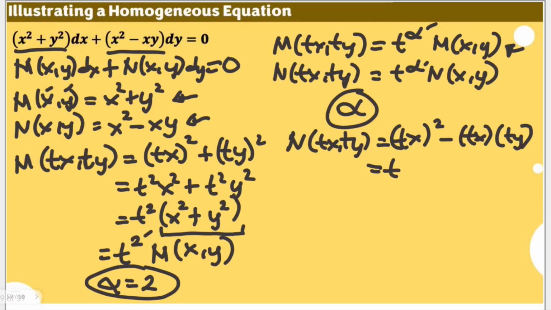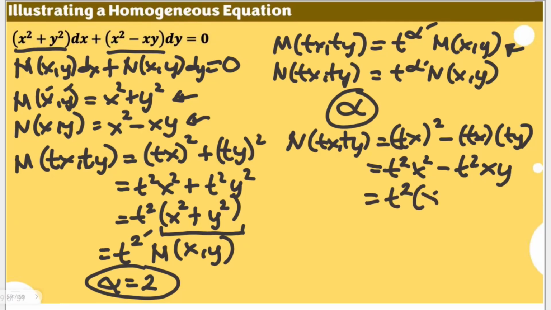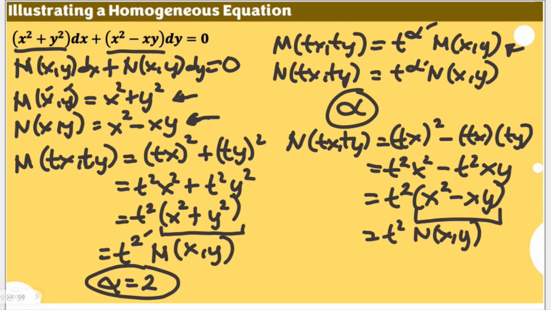Laws of exponents: t squared x squared, and the product here, sorry, that's just simply minus, the product is t squared xy. Same thing, factor out t squared, you will have x squared minus xy, and this was the original N of xy. So you have t squared times N of xy. Here, the alpha is still 2, as that's the exponent of our t.